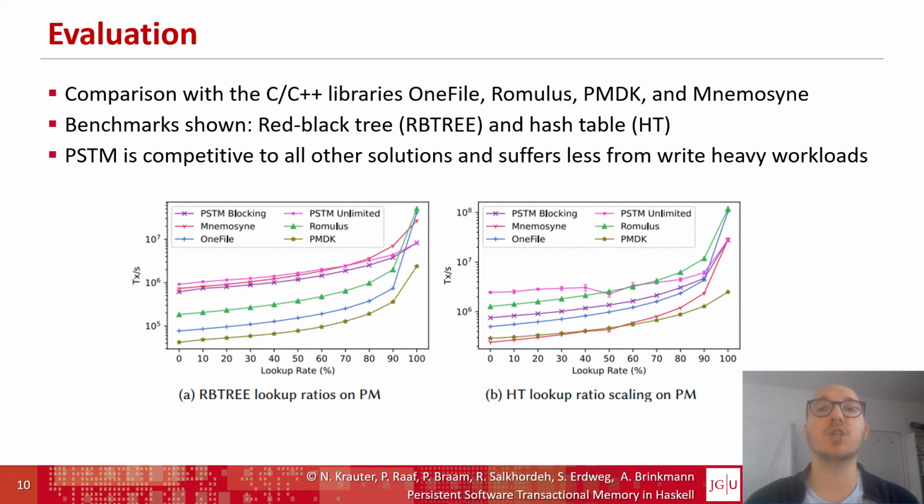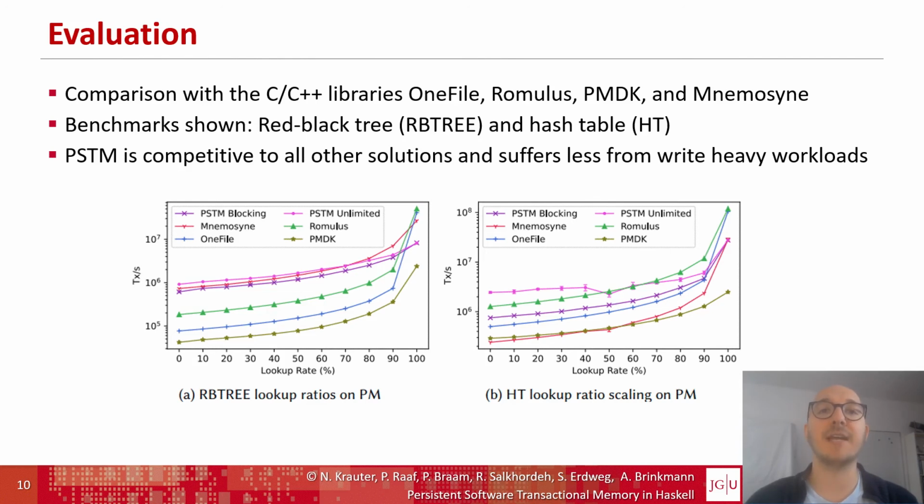Here, Mnemosyne shows similar performance to our solution as it relies on an STM-like mechanism for concurrency control, while libraries such as OneFile and Romulus have high performance impacts as they do not allow for concurrent execution of write transactions. Hashtable, on the other hand, shows a different behavior.